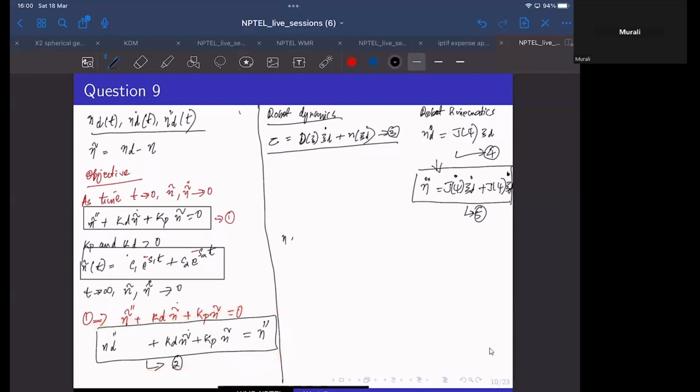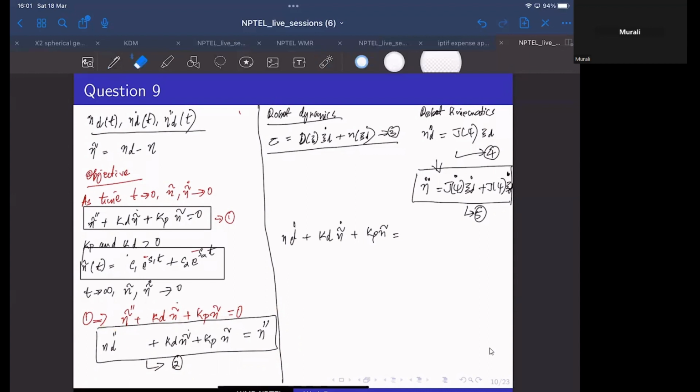It would look like eta desired double dot plus KD eta tilde dot plus KP eta tilde equal to the expression for eta double dot, which can be obtained from equation number 5.